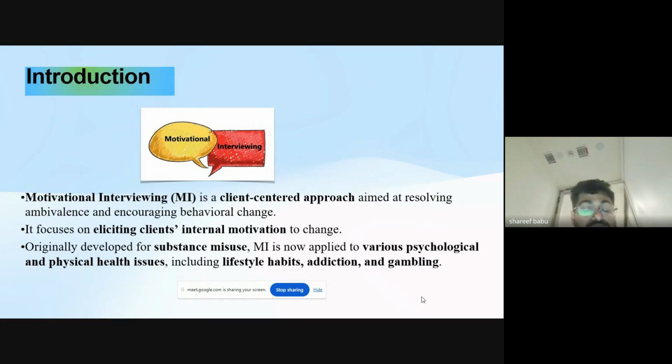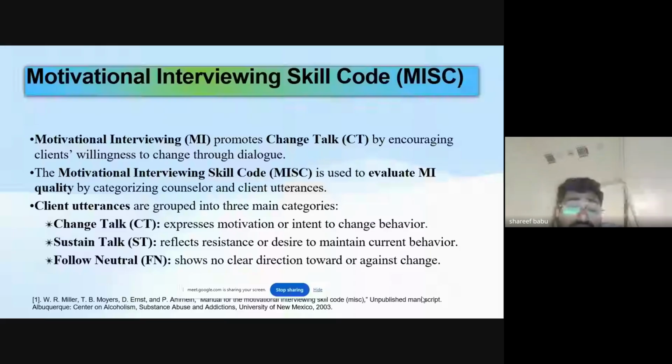Using this motivational interviewing therapy, people try to understand and give solutions to him or her, and try to change his lifestyle habits, in terms of addictions and gambling. Motivational interviewing promotes change talk by encouraging the client's willingness to change his behavior through dialogue.